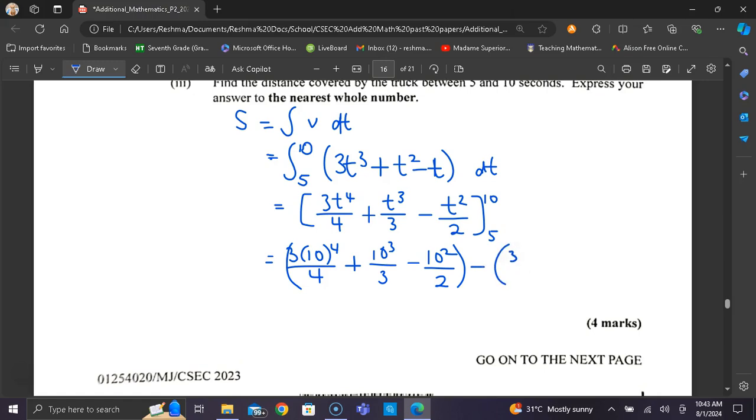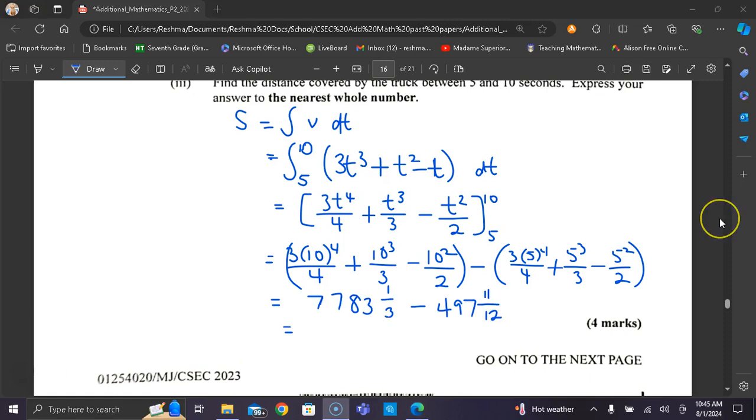The next part, we have 3 by 5 to the power of 4 over 4 plus 5 cubed over 3 minus 5 squared over 2. Okay, so I'm going to calculate what these two brackets result. Okay, so the first bracket we get 7,783 and a third, and the second bracket 497 and 11/12.